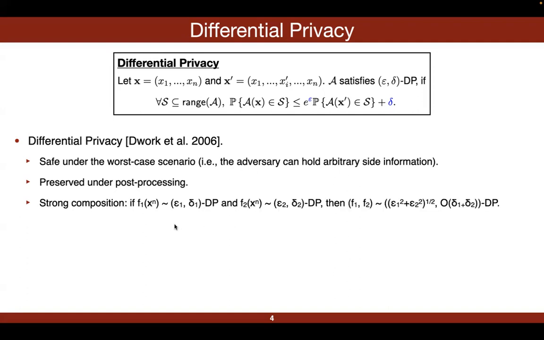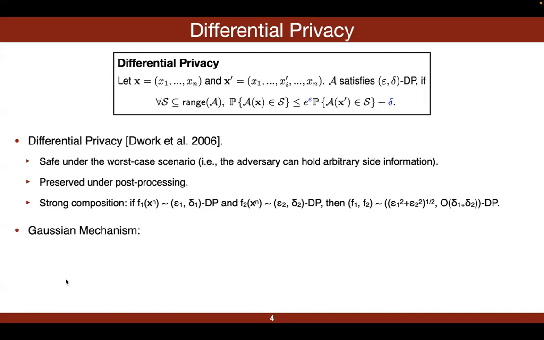If we have two independent DP mechanisms, F1 and F2, then their joint output will still be differentially private with weaker DP parameters, like the square root of epsilon 1 squared plus epsilon 2 squared, something like that.